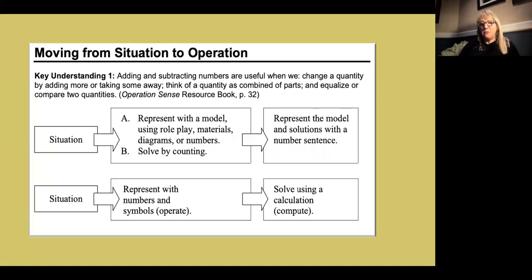Eventually, they're going to move to being able to represent their model with a number sentence. When they're comfortable with that, they will move to the same type of situation, but this time they are going to go directly with the numbers and their symbols, and being able to, again, choose the operation. Now they don't have the help of the models, but they'll eventually learn to choose the operation that they'll need, and then they'll be able to use a calculation or the number sentence to compute it.